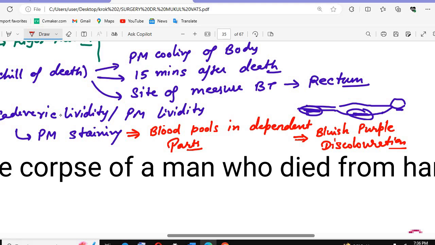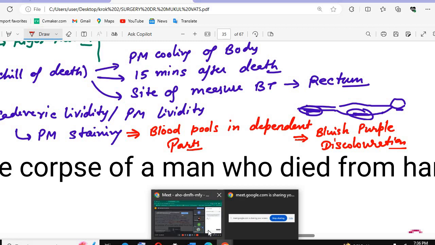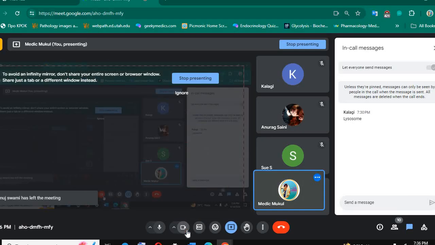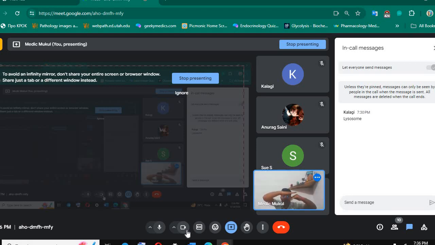Now देखो, when the person is in the supine position, the dependent part जो हो गए वो कौन कौन सा होगा, will be the back of the head, the back of the chest, the back of the abdomen, and the back of the legs.